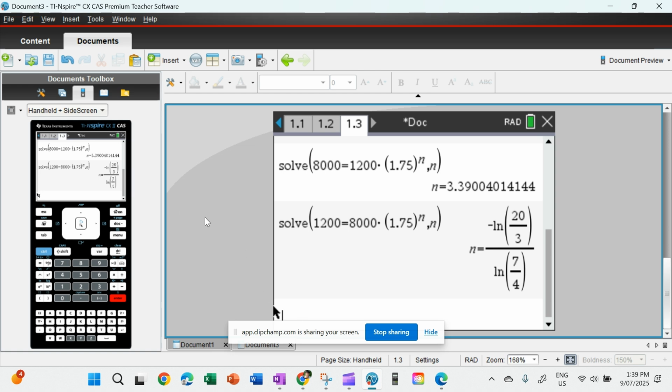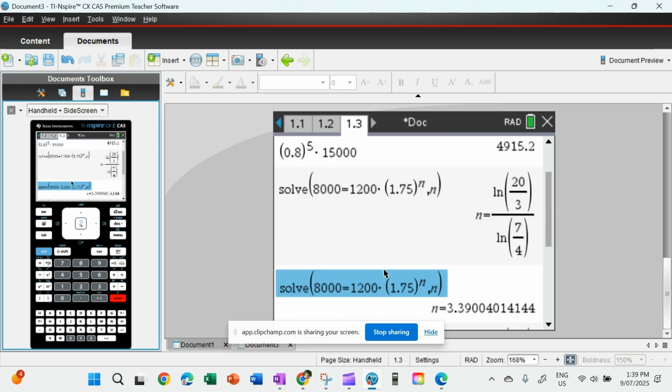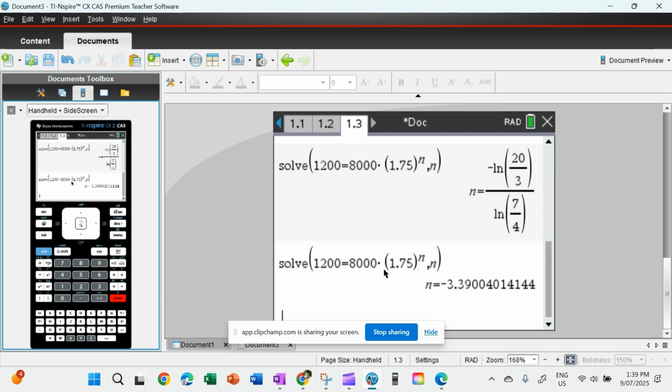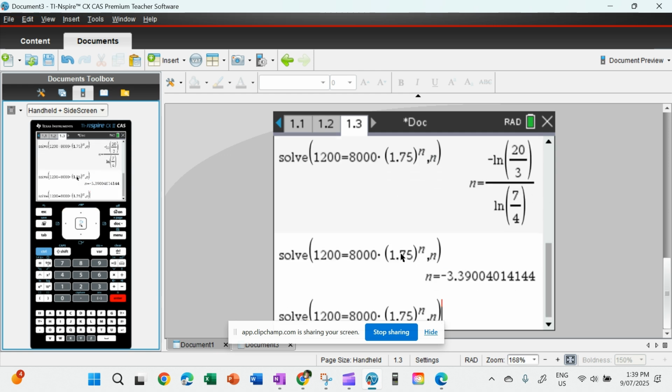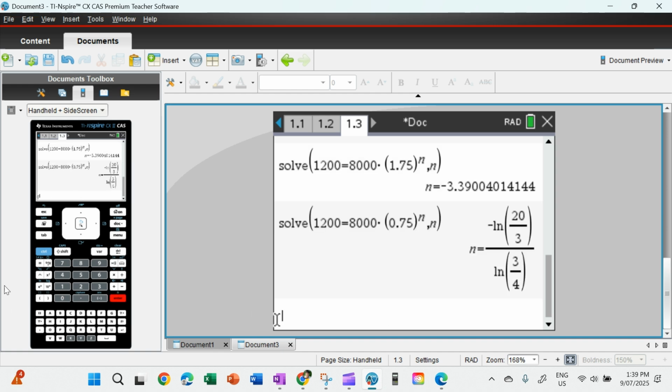That's better, and then press Enter. Oh, it's not 1.75, sorry. What is going on? Must be something wrong with my typing. That's better.